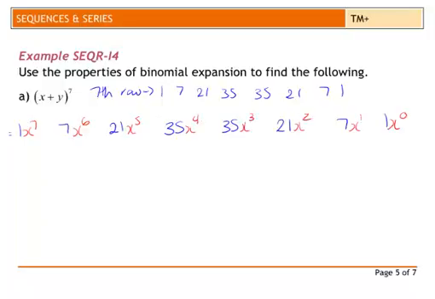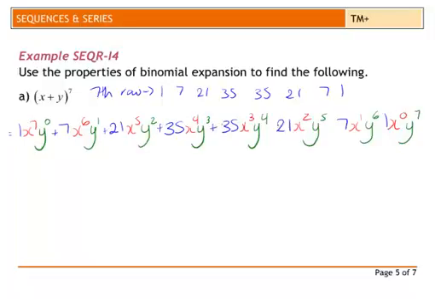Now look at the next term, which is the y. And I've got y all the way along. Now the powers increase. And then we just put plus signs in between our terms.